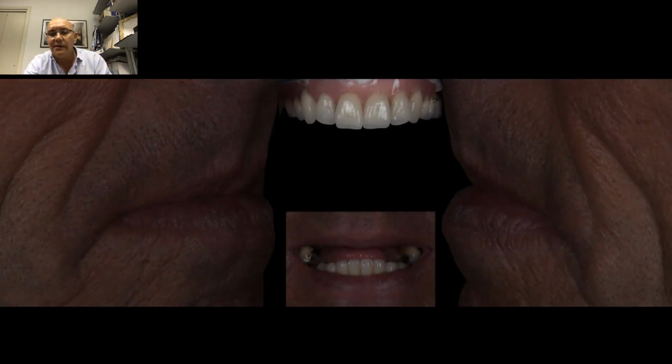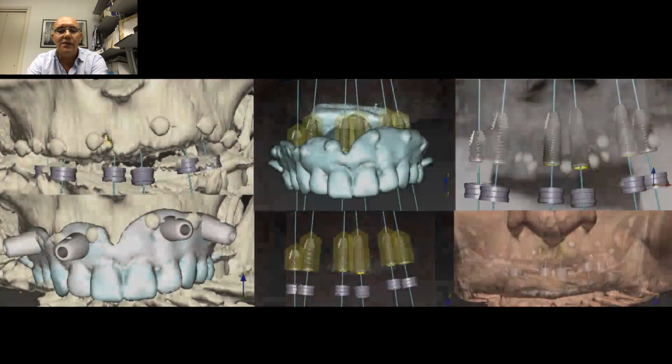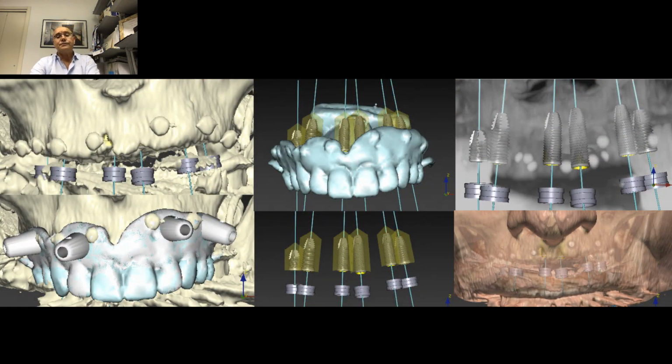So we extract all the natural teeth, we do the bone graft, we put a full denture on our patient, and upon healing, we use, in this case, an OB clinician to plan the bone aspect to the left side, the soft tissue aspect to the right side.